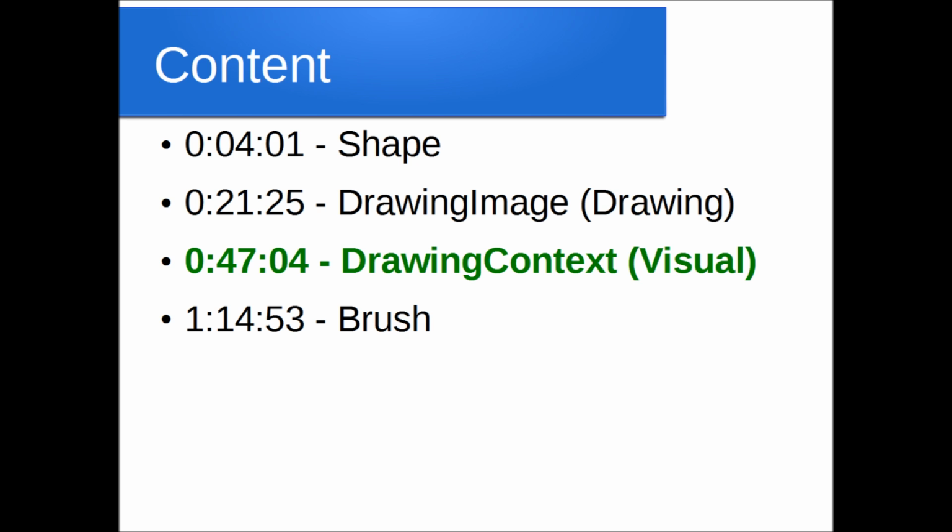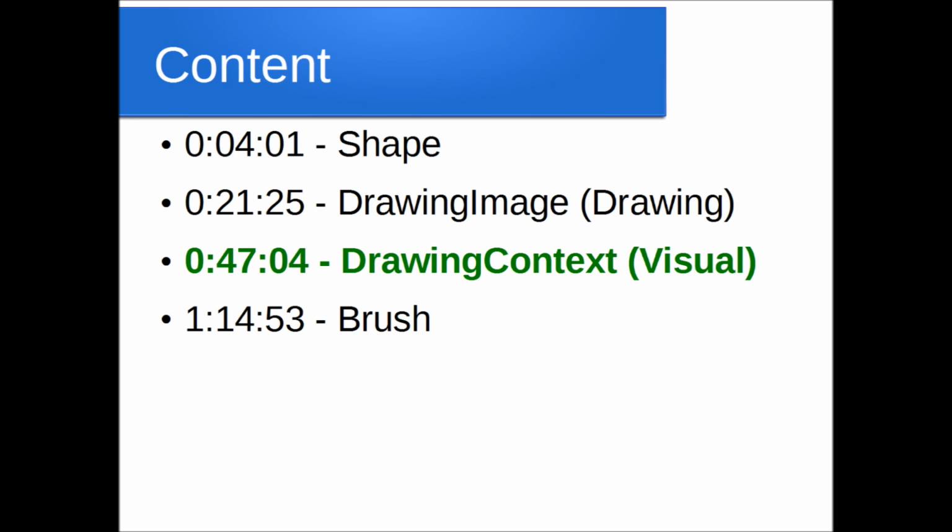The drawing context object itself has a number of drawing functions like draw rectangle and draw line. In contrast, the drawing image object does not have a draw function. When you use the drawing image object, you create these layers underneath of that drawing image object, and one of those underlying layers will have the draw functions.